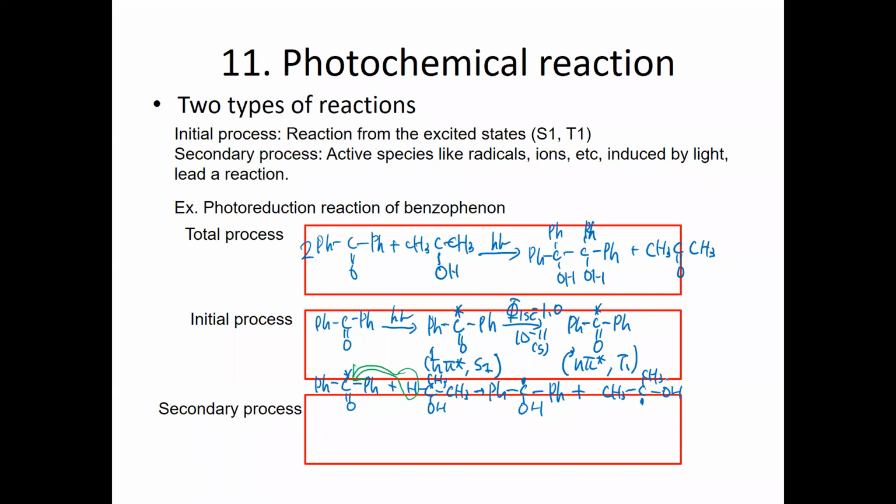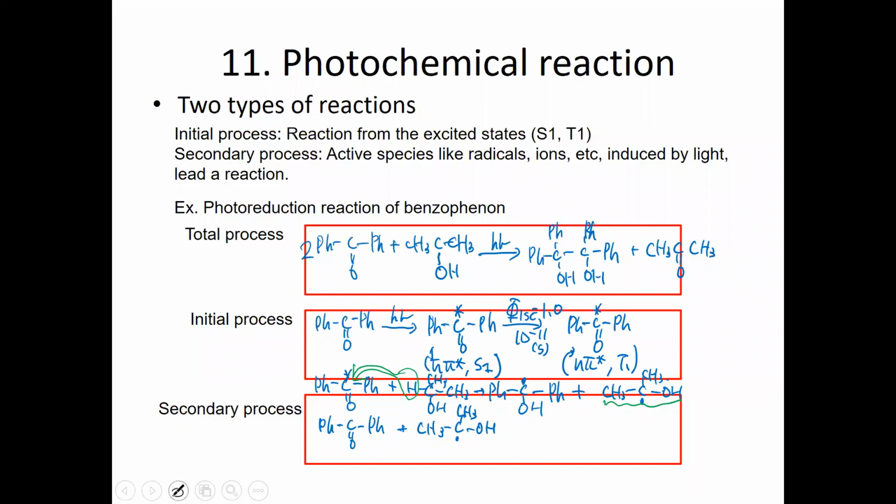So in the secondary process, the reaction proceeds due to these radical species. What happens here is that the unreacted benzophenone reacts with this radical species.